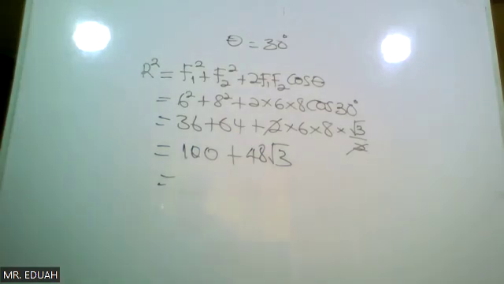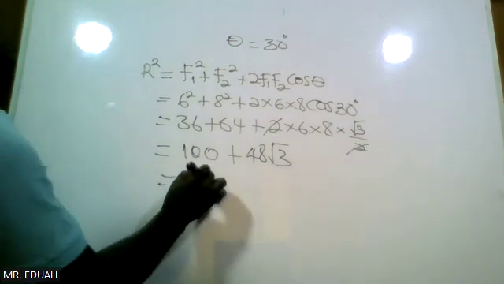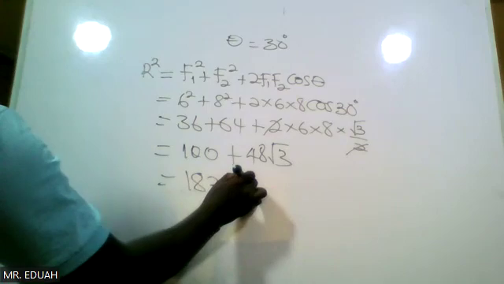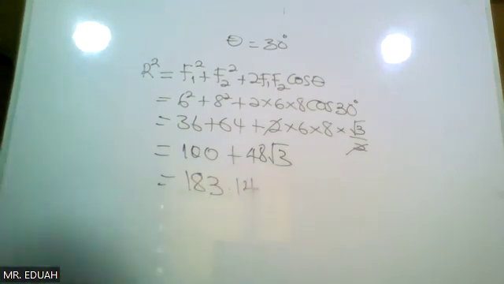Let's hurry up. What's the answer? 183.138. Okay, 100 plus 48 root 3 is 183.138. Let's pick 183.14.